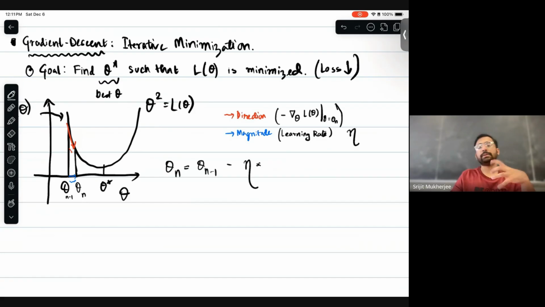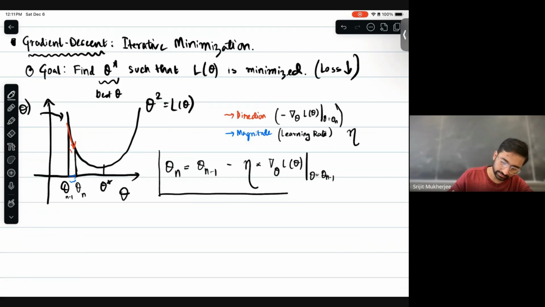This times this is the step size, how much you will go, times the direction. Direction is already in minus, so I'm just writing it together, evaluated at theta equal to theta n minus 1. So this is the basic gradient descent.